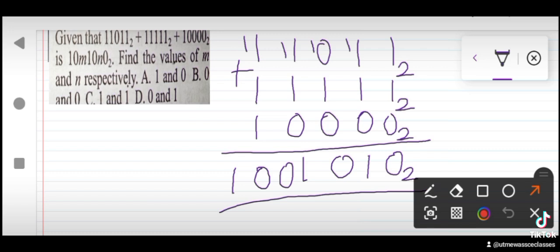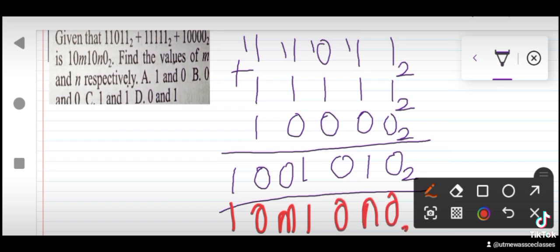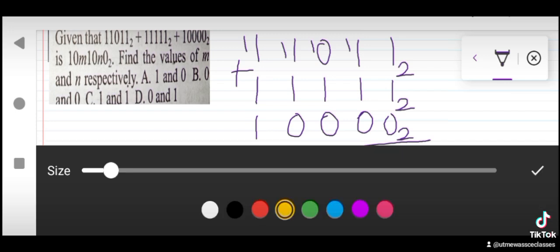And don't forget, from what they mentioned, that the result is given as 110M10N0 in base 2. So let's try to compare these together.